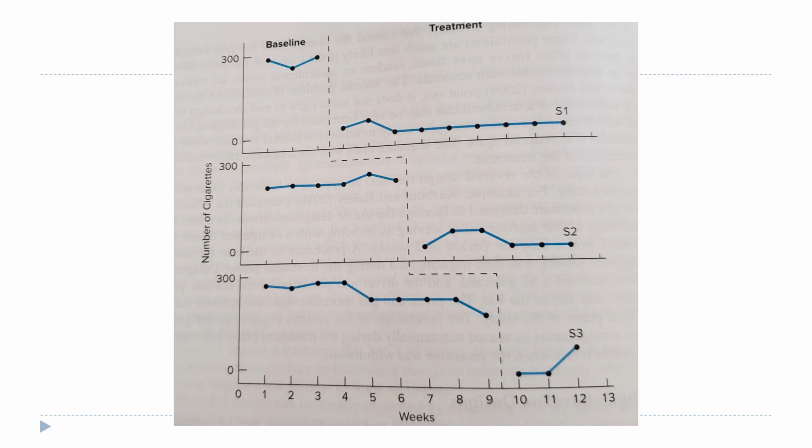You can see one person received it between week 3 and 4, another person started it between week 6 and 7, and another person started it between week 9 and 10. And you can see that all three of those subjects experienced a drop in their cigarette consumption, indicating that it didn't matter which week the treatment was implemented in, but the treatment itself had a compelling change in people's behavior.